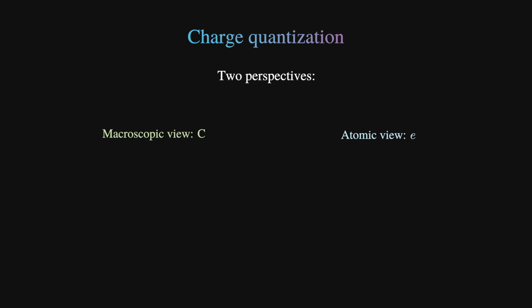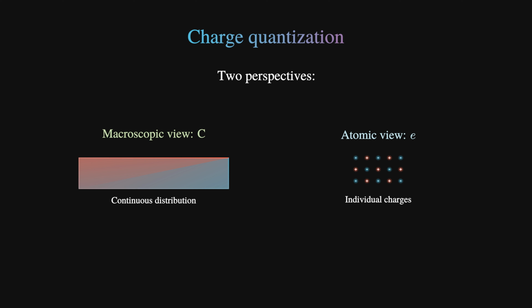When measuring in coulombs, we effectively treat charge as a continuous variable, but at the atomic level, when dealing with individual electrons, the quantization of charge is crucial for understanding things like atomic structure and chemical bonding. One elementary charge is roughly 1.6 times 10 to the minus 19 coulombs.